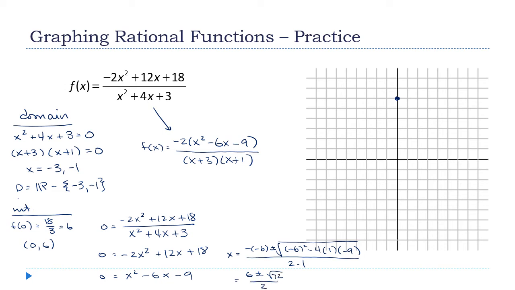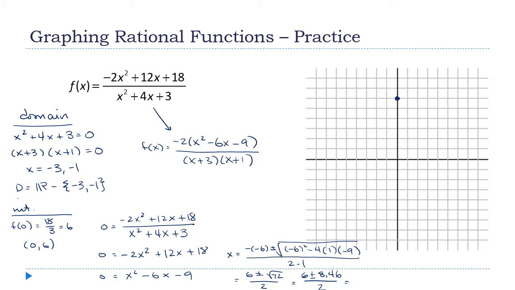Now, don't try to simplify that square root or reduce the fraction. We're graphing. Graphing is one of the few times when you're doing math problems when it's okay to go to decimals. So that's what I'm going to do. I'm going to go to my calculator, and that tells me that the square root of 72 is approximately 8.46 over 2.